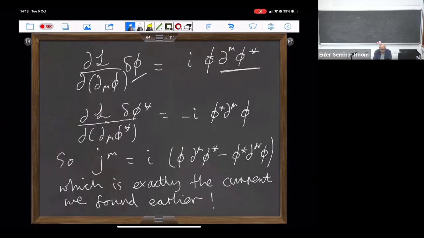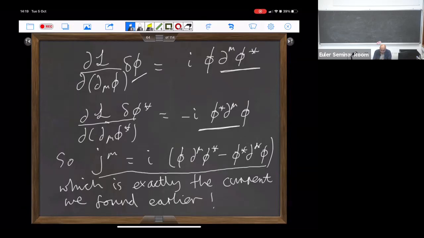Then since we have more than one field transforming under that symmetry, we have to add the contribution from the other field, which transforms under the symmetry. And from that, we get the complex conjugate term. If you add them together, we get an expression for the current associated to this U1 symmetry.